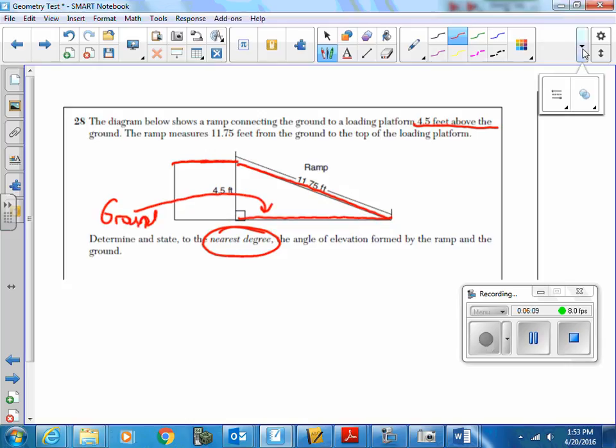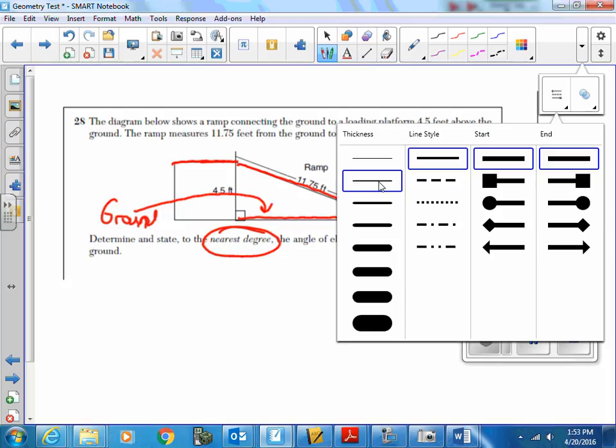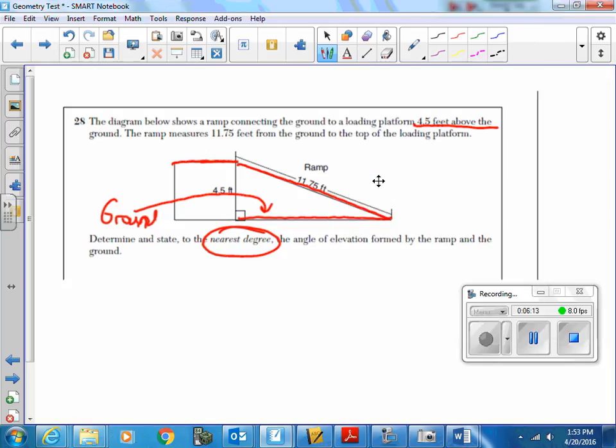All right, let's go ahead and figure this out. We have to find this angle right here. This is going to be our x. We don't know what that is. Anytime you're looking for angles, you have to use sine, cosine, or tangent. We're not looking for the third side.